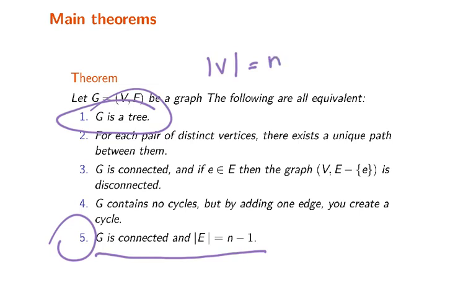And so what I mean here is that for being a tree, the number of edges is n-1. I mean, it's always one less than the order of the graph. So, for instance, if you have a graph with 7 vertices, the only way that this graph can be a tree is if it has 6 edges.